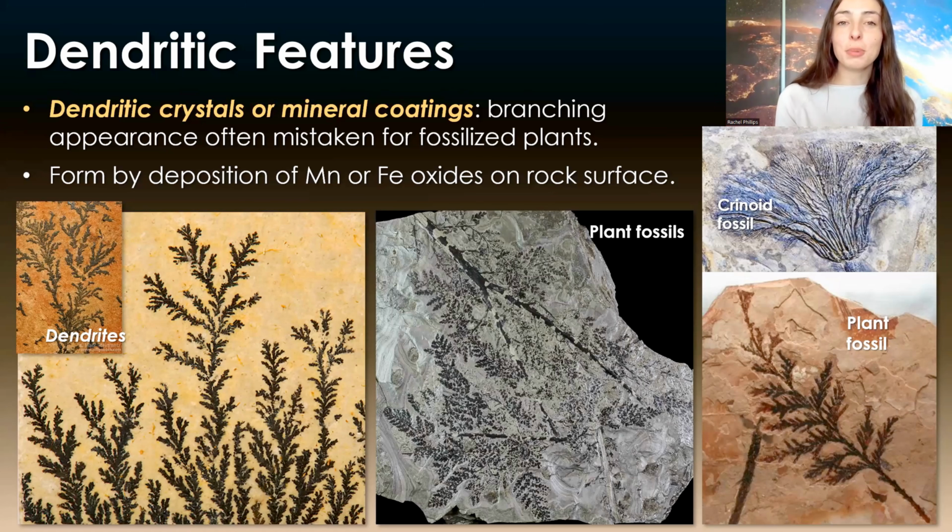And every single person in my class, including myself, said that that was a plant fossil. And we were all dead wrong. And I couldn't believe that 100% of us, like nobody thought pseudofossil. I mean, they're named dendritic because that literally means tree-like. And that is what they look like. So we all thought it was a plant. It turns out it wasn't.